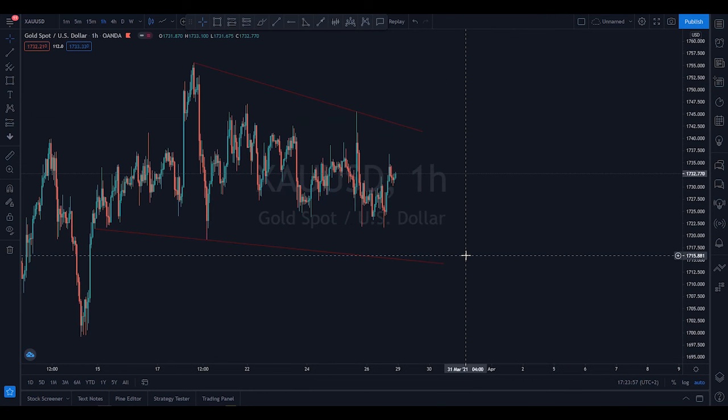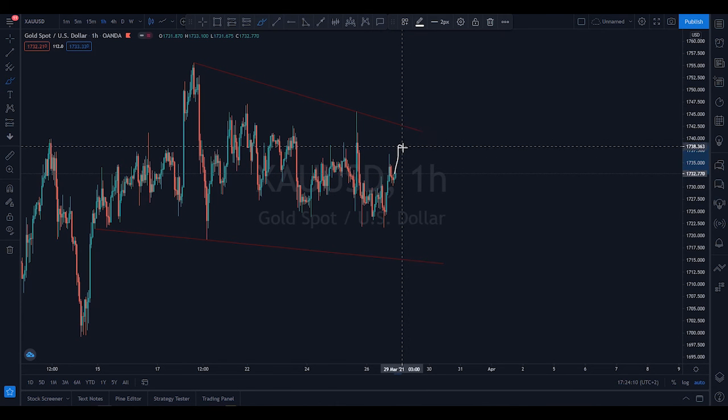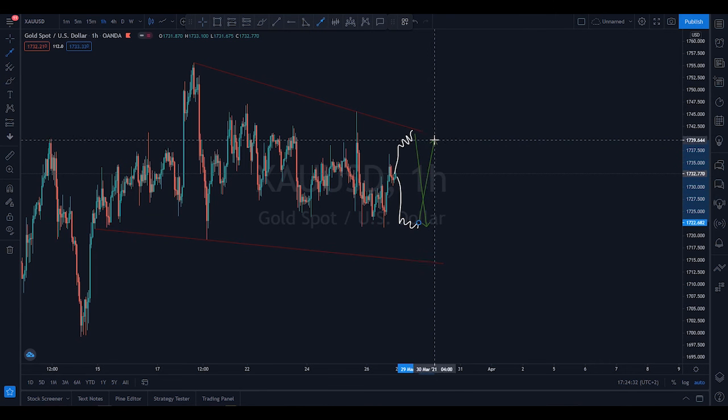So now what can happen here? There are actually two things that can happen. The price of gold can go to the upside, and when it gets there, it can correct, right? Once it's done correcting, we can safely put the sell, or it can drop, get here, correct, and then push to the upside.